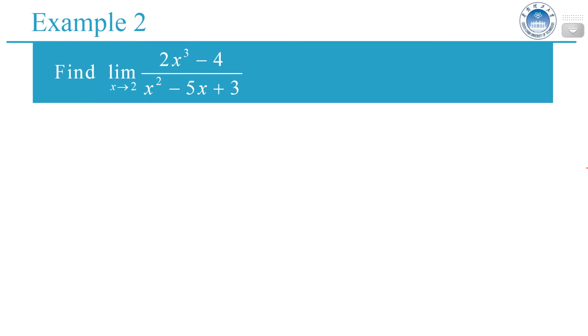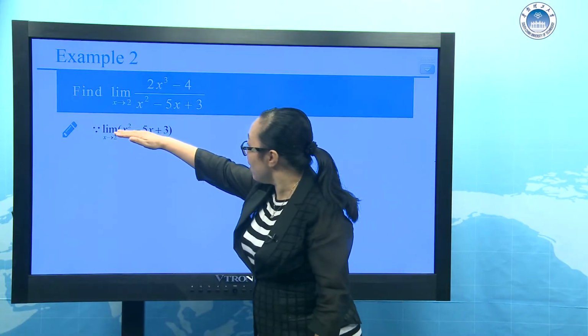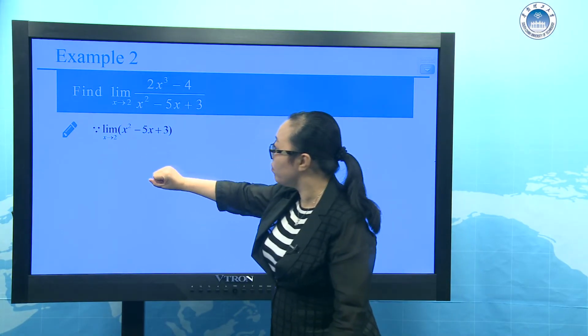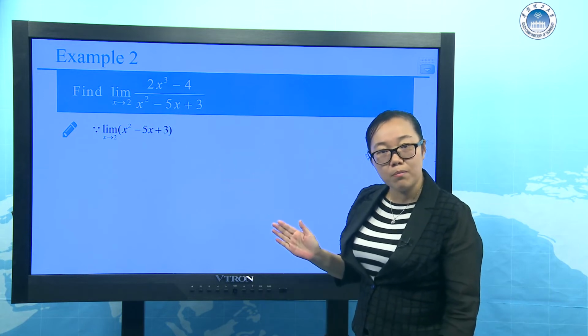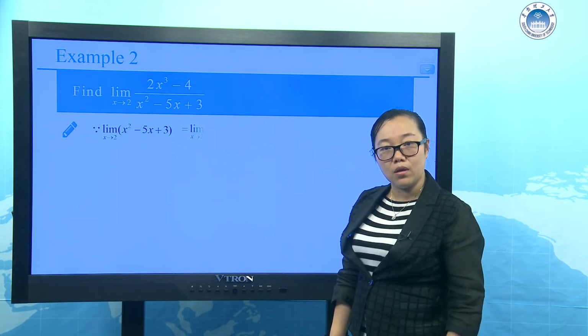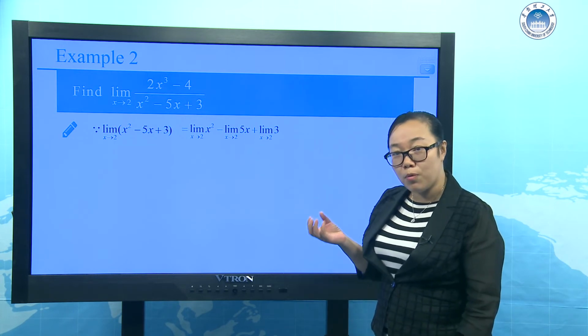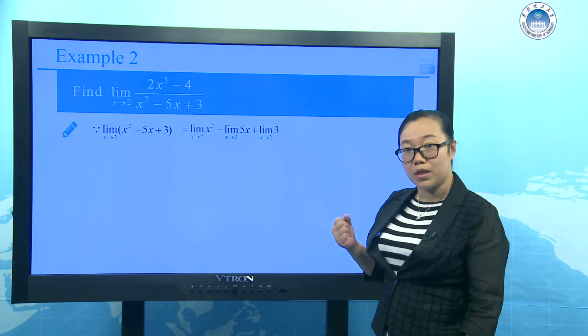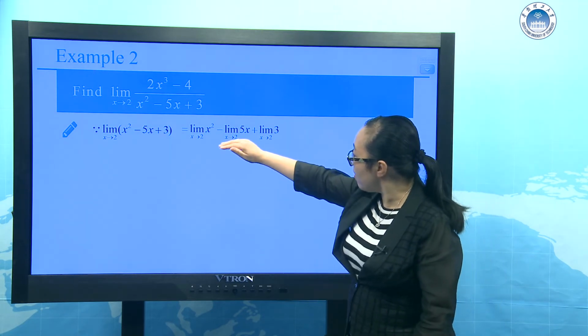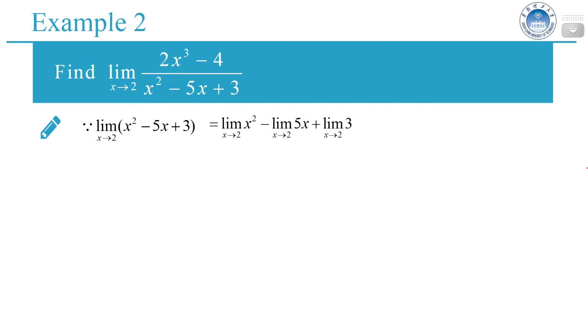Now look at example 2. Try to find the limit of this expression. How to do? It is the limit of f over g, so we should determine whether the limit of g equals 0 or not. Look at this. The limit as x tends to 2 of x squared minus 5x plus 3 corresponds to the operations of the three limits: the limit of x squared, minus the limit of 5x, plus the limit of 3. Go on.